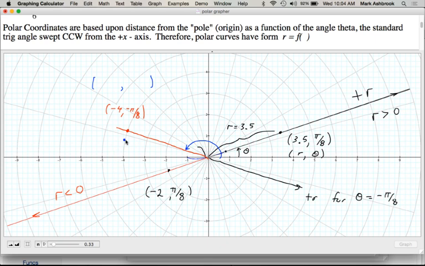It would be, he said, pi minus pi over 8, or 7 pi over 8, right? And then what would the value of r be to get that point? Negative 4? Positive 4, right? Because if we go 7 pi over 8, now this is the black. This is positive values of r. And so it would be positive 4.